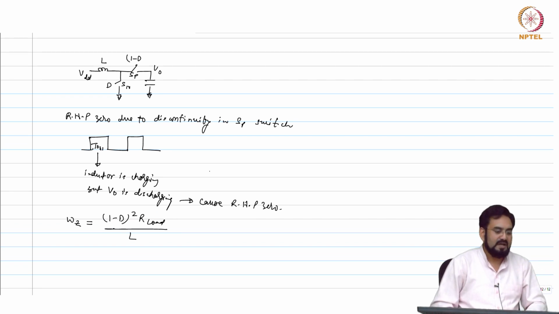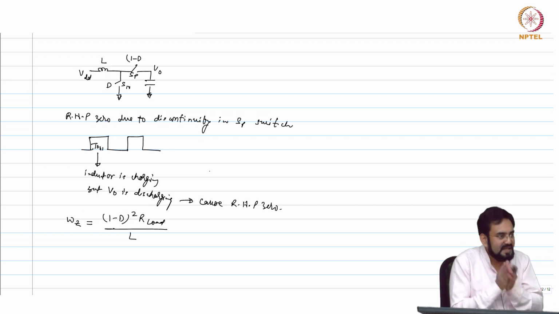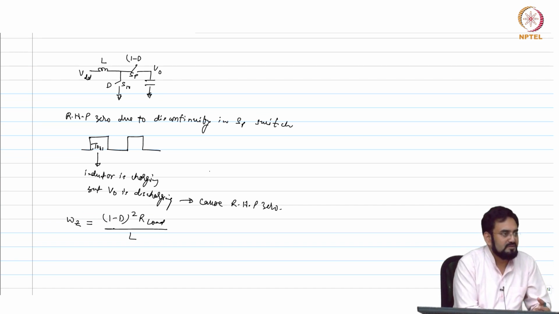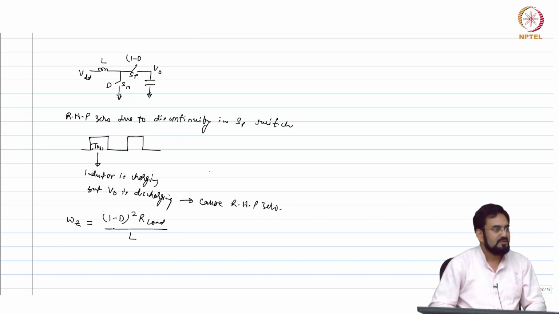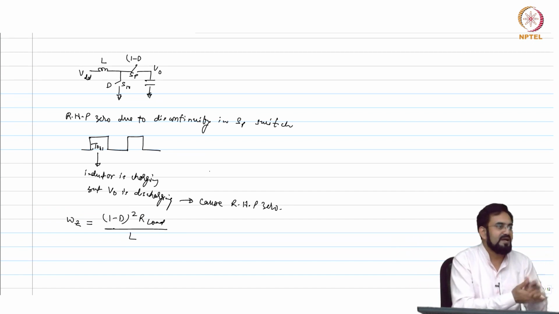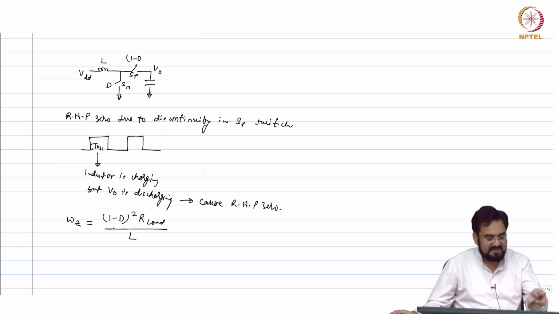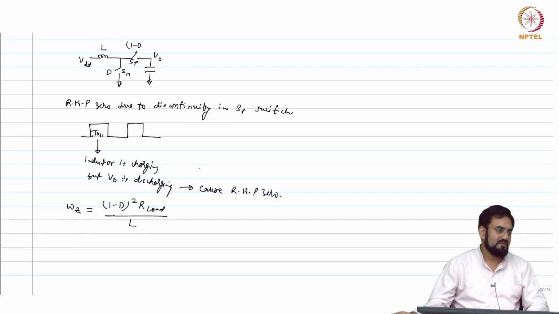For the D, R load and L values you have chosen, if omega z lies within your UGB, then it is very hard to compensate. So the only way is to reduce the bandwidth so that it is pushed outside, and sometimes this limits the bandwidth of your boost.